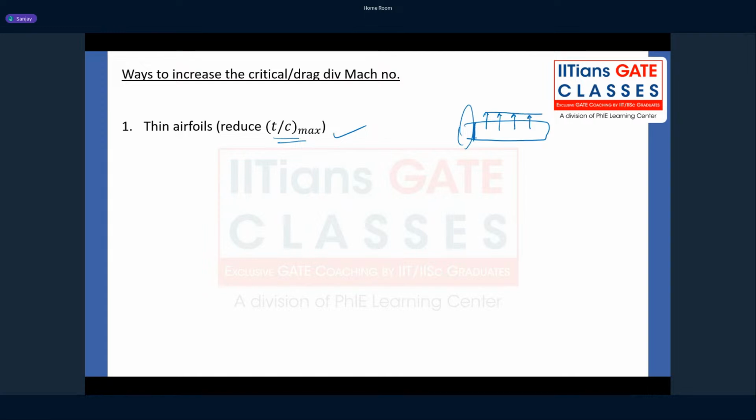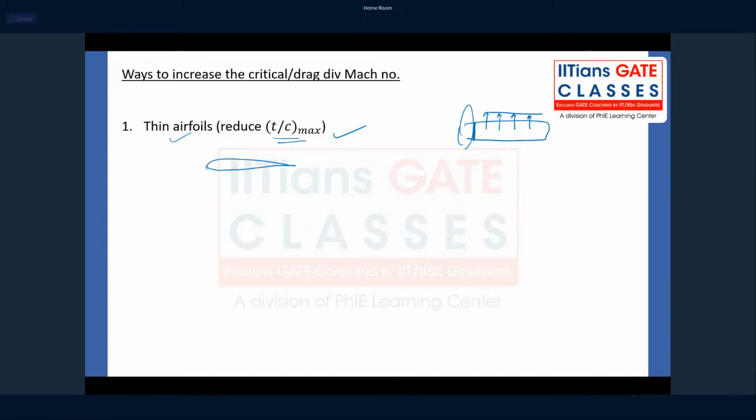So if I make a very thin airfoil which cannot sustain the high bending stress, then my wing will break, right? Structurally, my wing will not be held. So it is not really a good option to make very thin airfoils. I need to maintain a certain thickness.